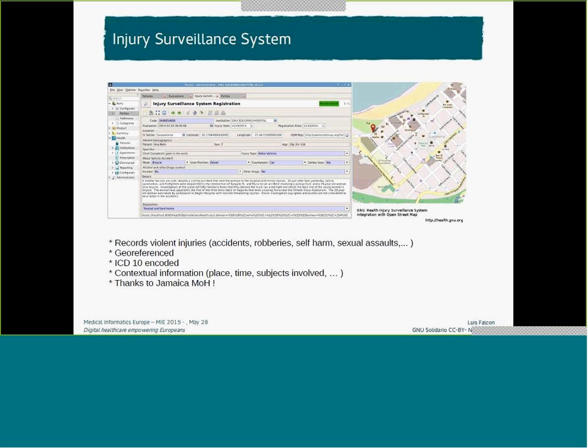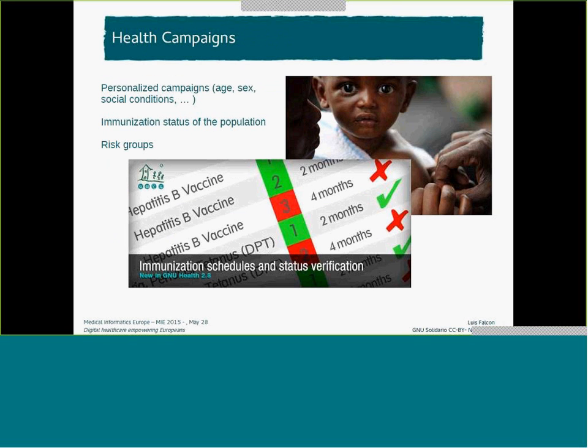Then we talk about specific health campaigns, and I'm focusing on the immunization status of the population. So, in the system, you can create schedules for your own country, and in those vaccination schedules, you can also set the year of that schedule.